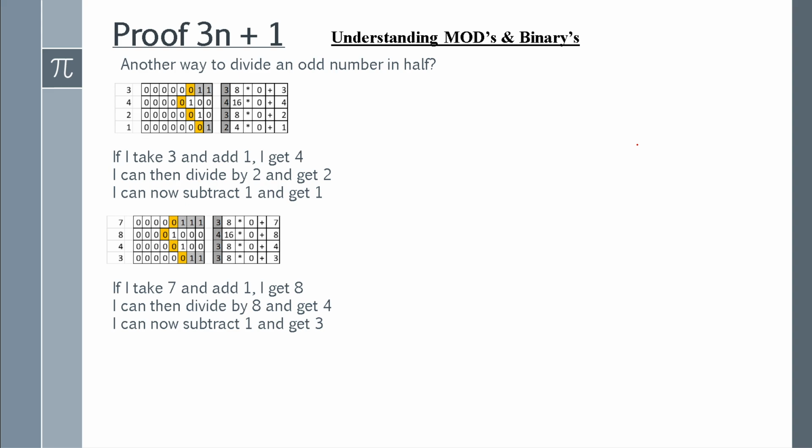Right, so the other way to do that is with our conjecture. 3n plus 1 divided by 2 gives us the same results as this.